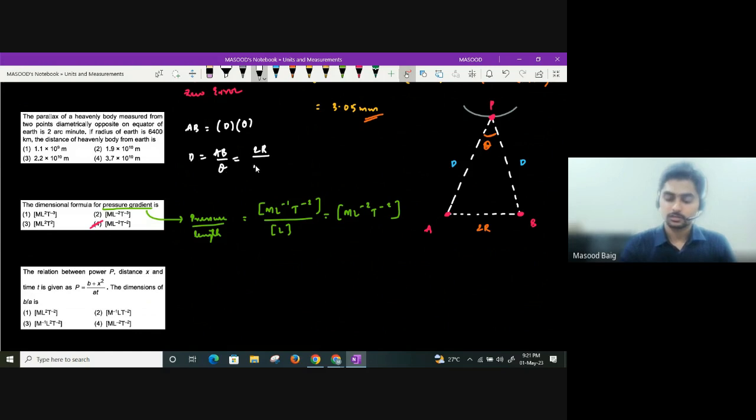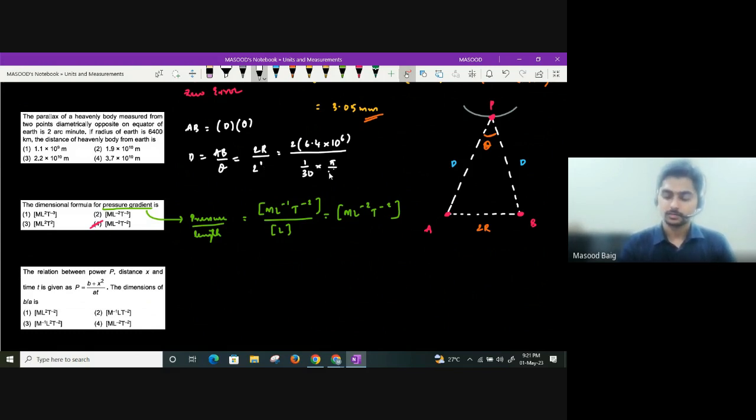And theta is 2 minutes, guys. So what will I get? 2 into 6,400 kilometers means 6.4 into 10 power 6 meters. Always remember 1 degree is 60 minutes, so 1 minute is 1 by 60 degrees, and 2 minutes will be 1 by 30 degrees. Each degree will be pi by 180 radian.